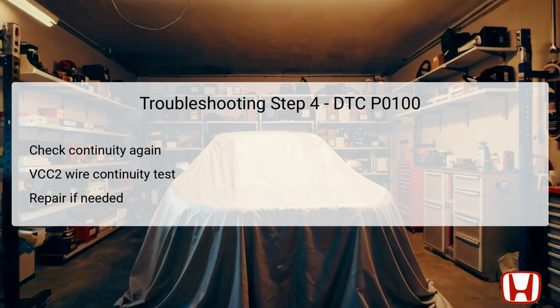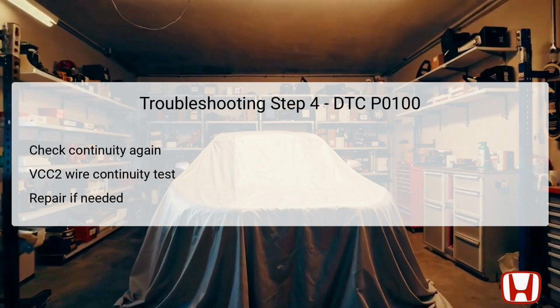If continuity is confirmed, this means the VCC2 wire is intact, allowing you to proceed to the next steps in diagnostics. Conversely, if there is no continuity, it indicates an open in the VCC2 wire, necessitating repairs.